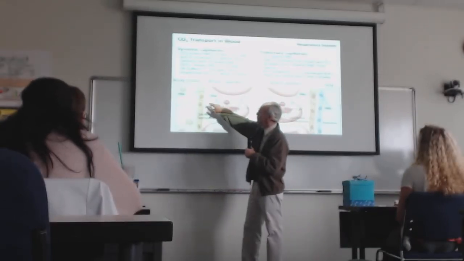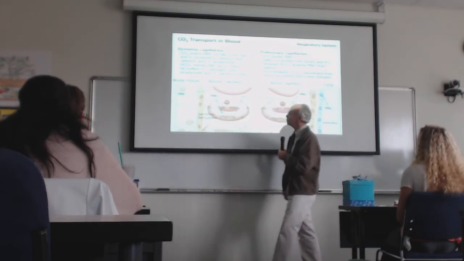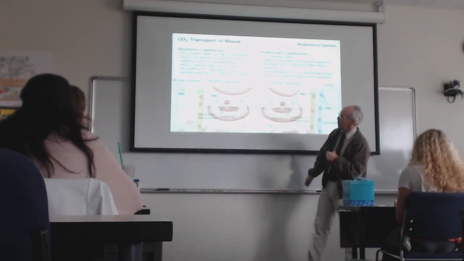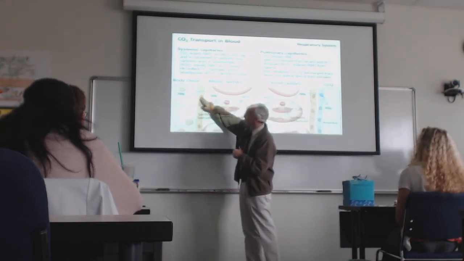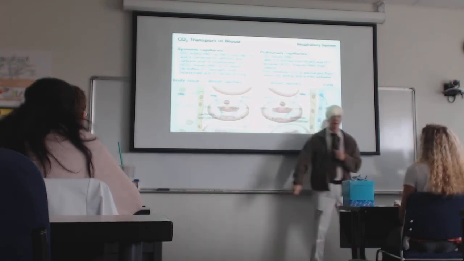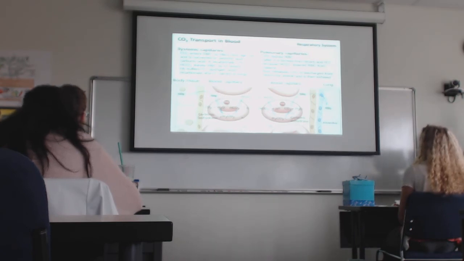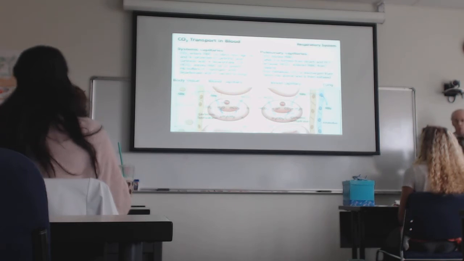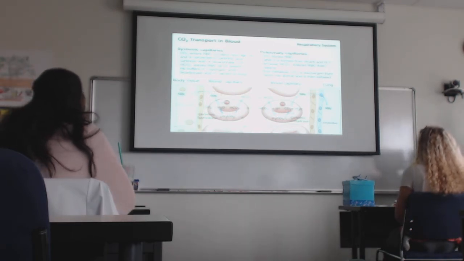First thing to notice then, that CO2 by simple principle of diffusion is going to diffuse from a region of higher concentration to a region of lower concentration. The region of lower concentration in this particular model is across the capillary endothelium into the plasma of the blood. So you can see that first little blue CO2 there represents the diffusion of CO2 from a region of high concentration to a region of low concentration, the blood plasma.